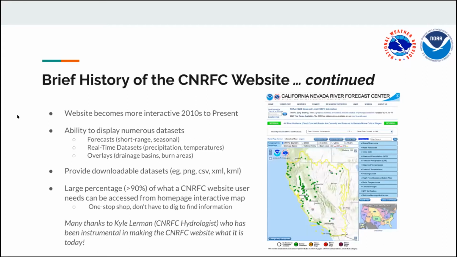From there, about the mid 2010s, from about 2010 up through the present, we've kept developing our web page and expanding the number of data sets that we show. The image on the right is our current web page today.